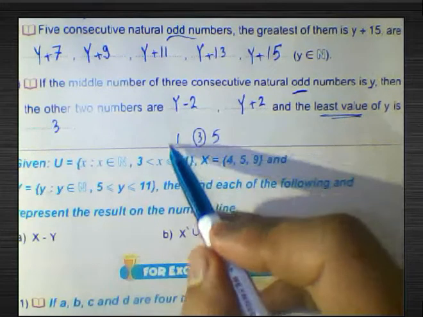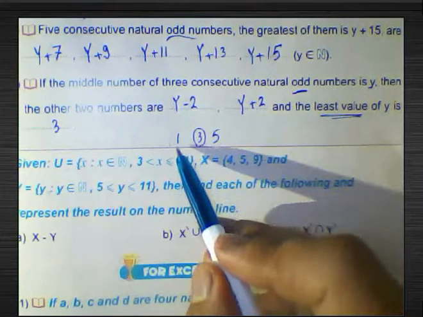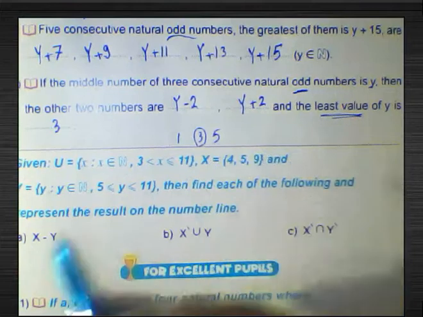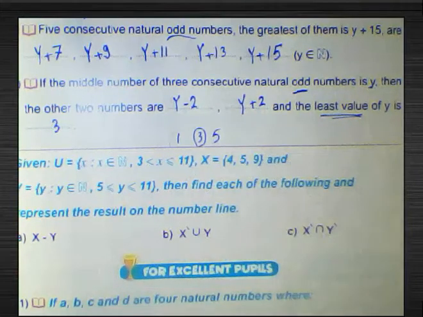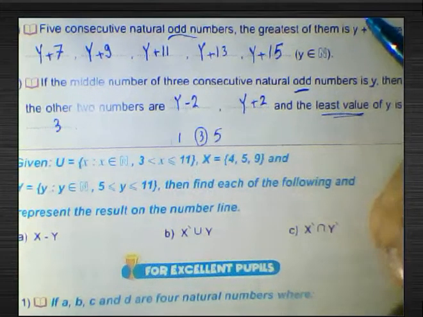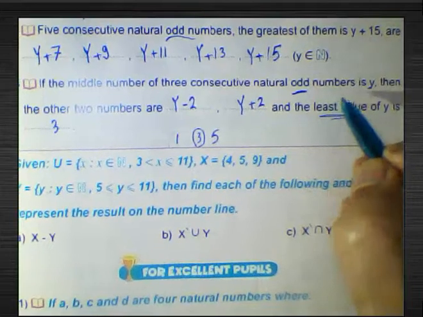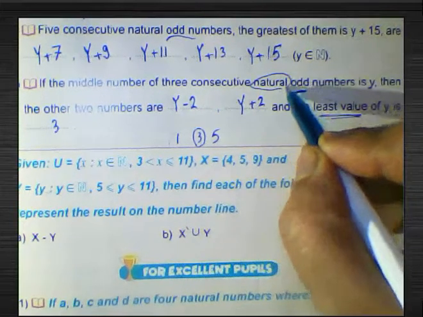If y were 1, subtracting 2 would give a negative number, but you want natural numbers.